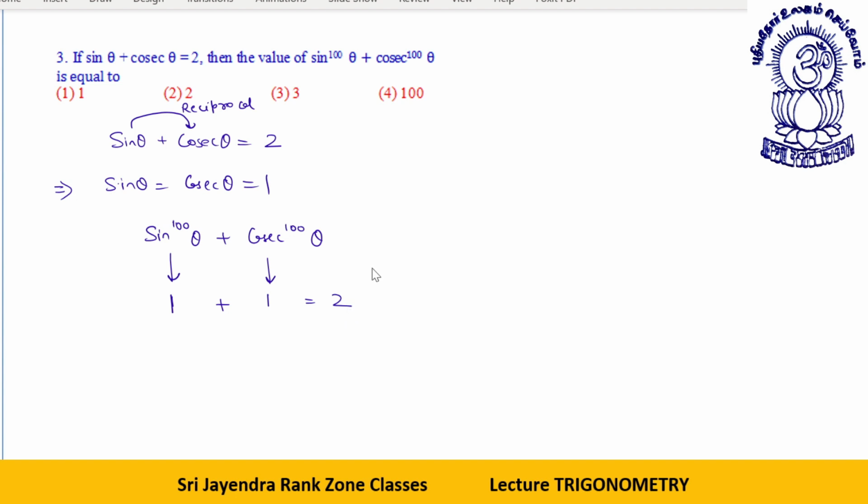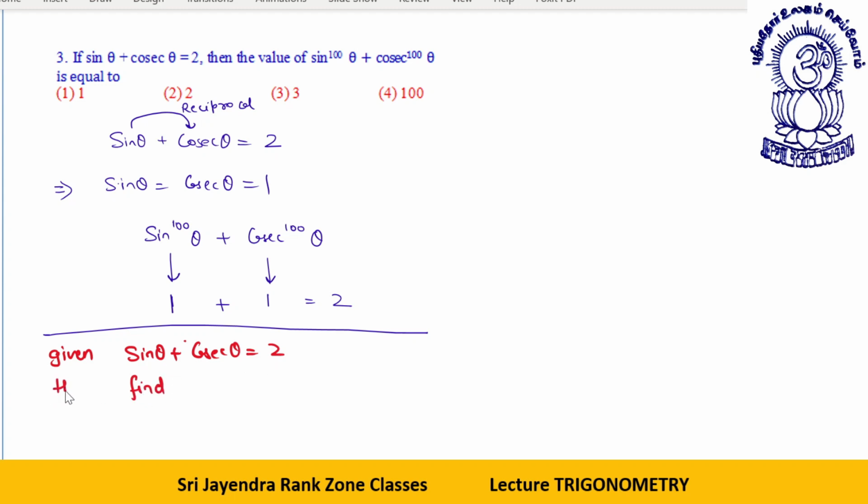Okay, dear students. Now, one more question if I put up in front of you. Suppose it is given that sine theta plus cosec theta is equal to 2.